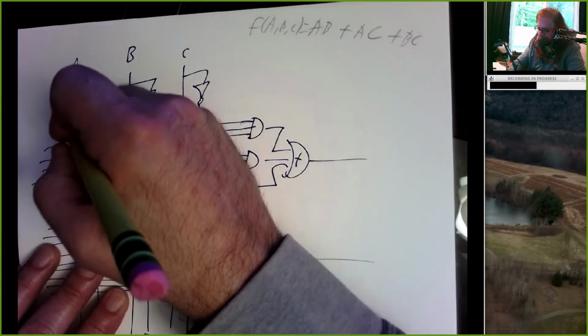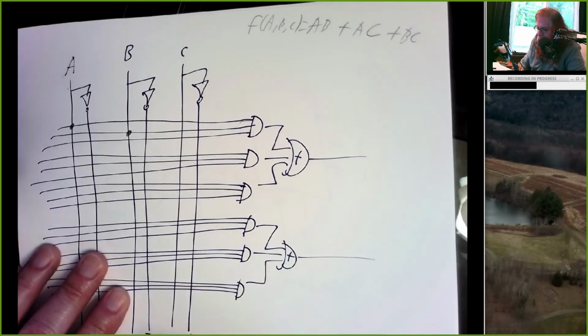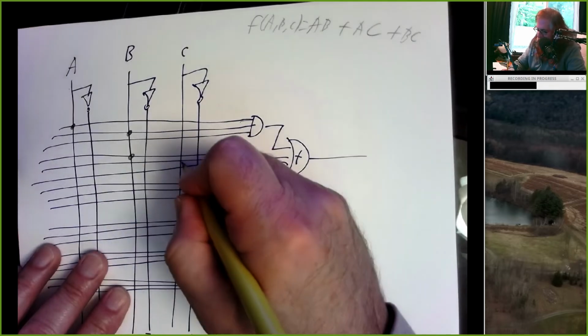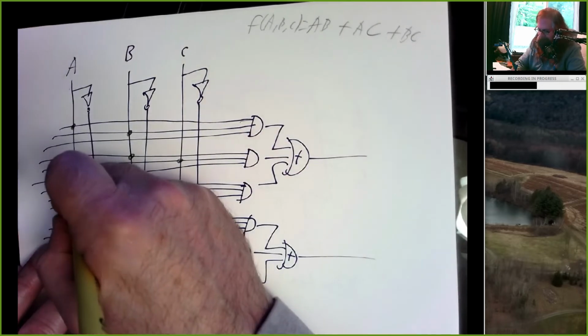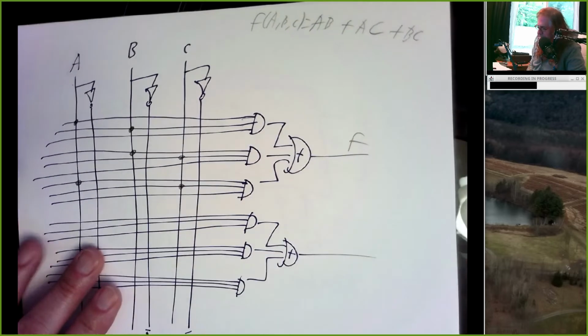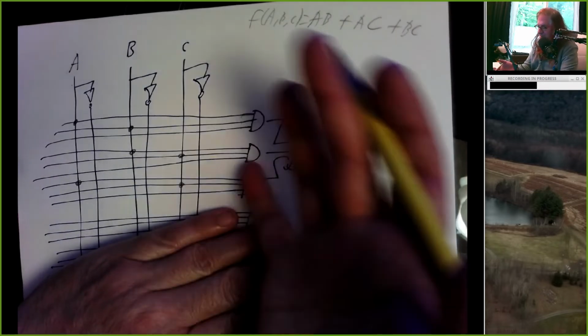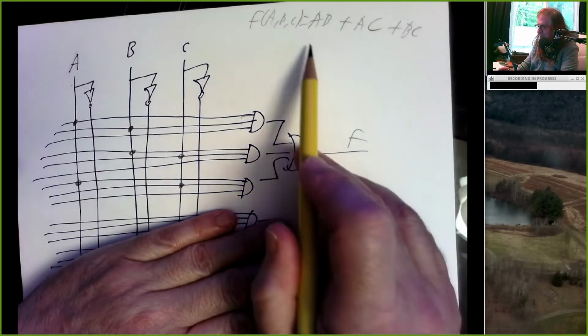Well, okay, let's connect A and B into an AND gate. Let's connect B and C into an AND gate. Let's connect A and C into an AND gate. Here's my function f. Bang, I'm done. Now, my teacher might not like this, but this is a correct drawing of a circuit that implements this equation.